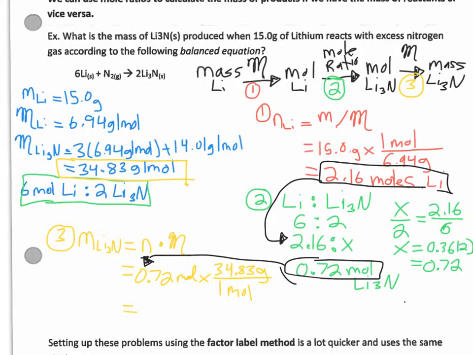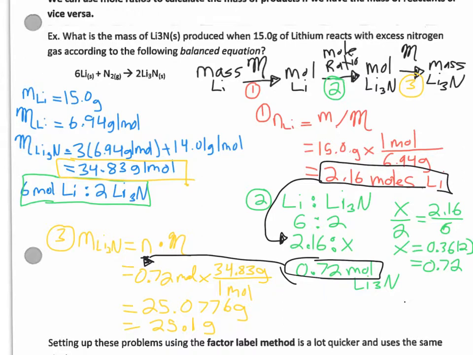We do the math, and we get 25.0776 grams, and we round that up to 3 significant digits, 25.1 grams. So what this tells us is that if we have 15 grams of lithium, we can make 25.1 grams of lithium nitride.